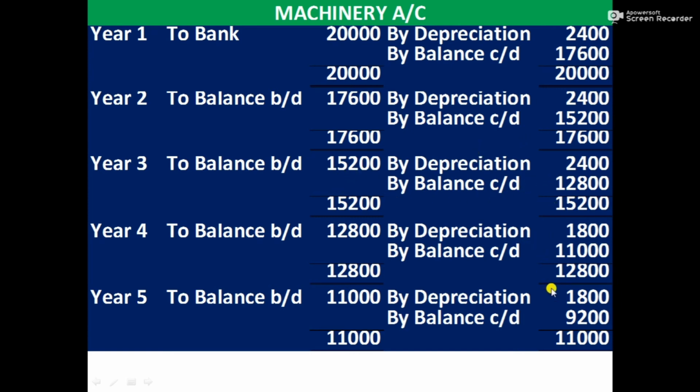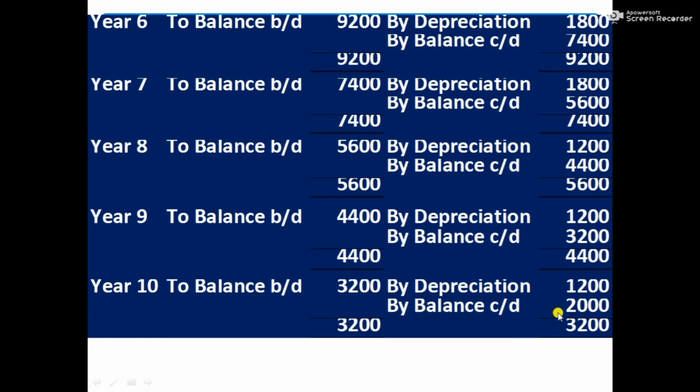You computed for 3rd year, 4th year, 5th year, 6th year, 7th year, 8th year, 9th year and 10th year. Now the balance in machinery account is rupees 2,000, that is equal to the residual value of the asset.